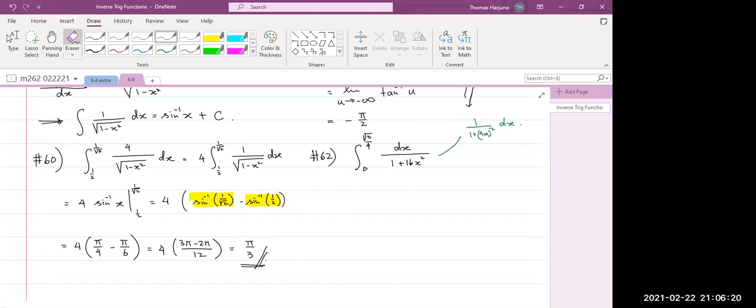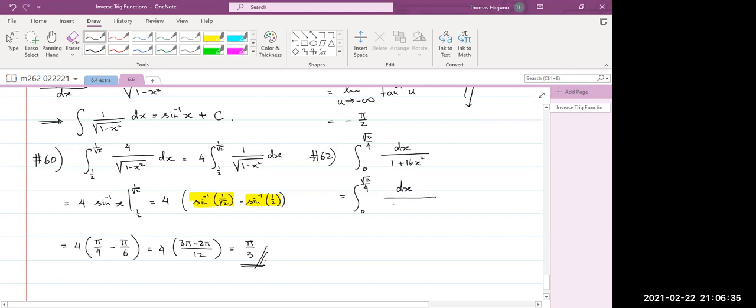Let me rewrite it first so that you can see better. So this is equal to the integral from 0 to radical 3 over 4 of dx over 1 plus (4x) squared.